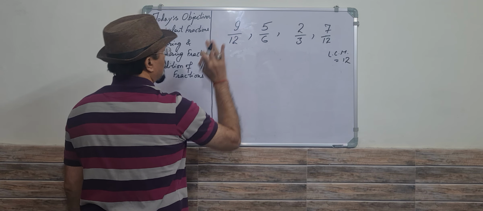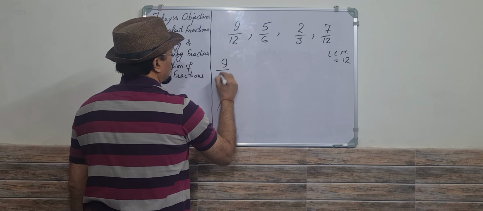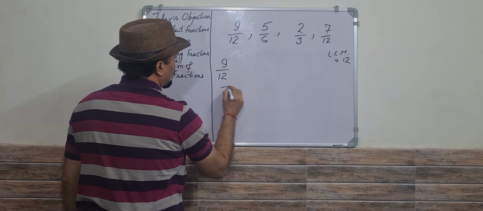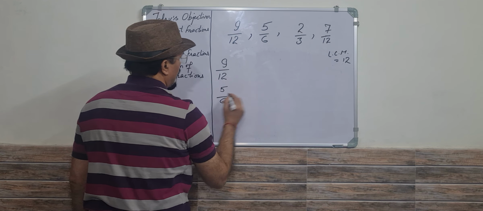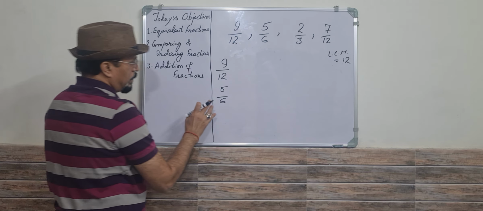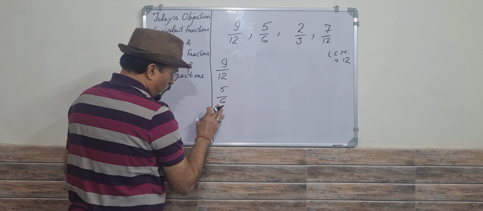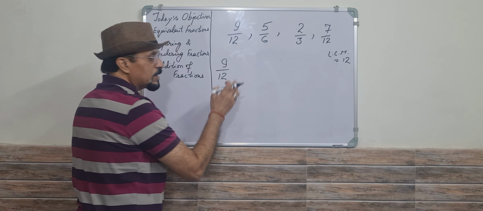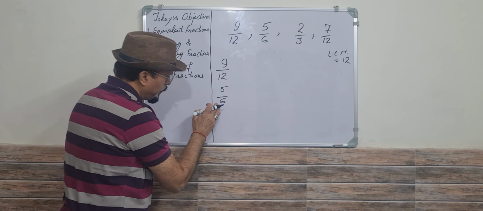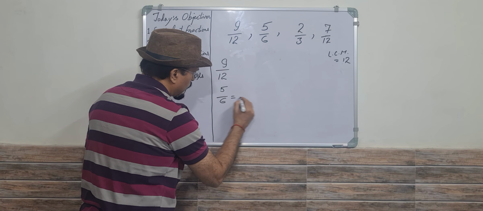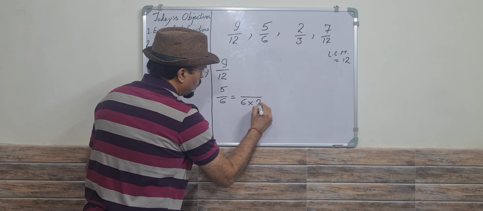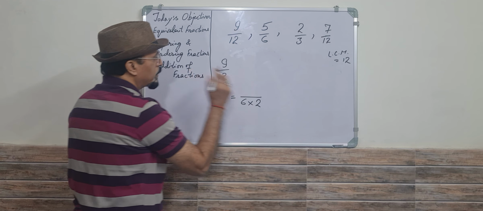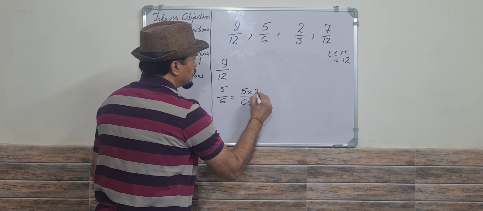So this is already 9 by 12, no change required. 5 by 6, I want to make the denominator 12. That means if I multiply the denominator by 2, I'll achieve 12. So when I multiply the denominator by 2, I have to multiply the numerator also by the same number, that means 2.